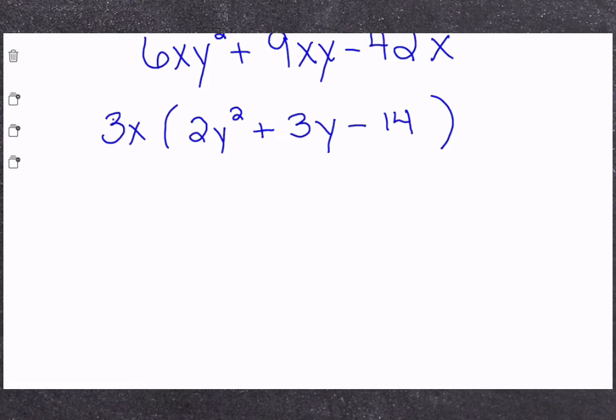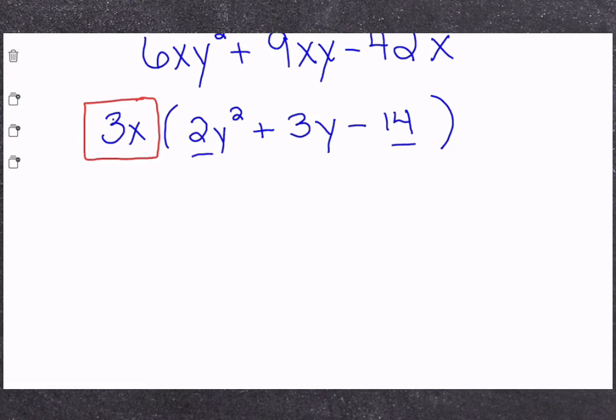Now I look inside the parentheses and it's like, okay, I can factor what's inside the parentheses. I have 3 terms. The first term has a 2 in the front. So that means I got to do AC method. So I'm going to ignore the 3x on the outside for right now. Actually, I'm going to put a red box around it so I don't forget it. So inside the parentheses, let's do an AC method, right?